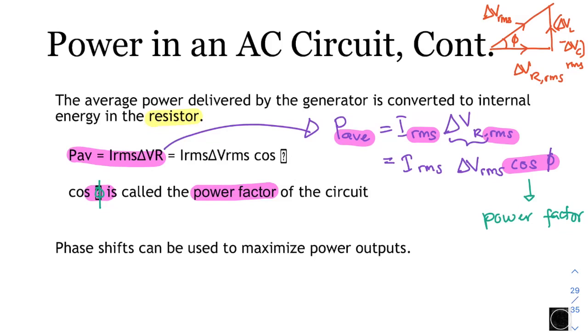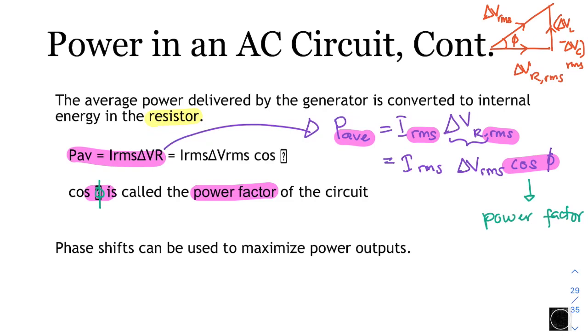Phase shift can be used to maximize power output. Remember, the power factor phi is also the phase angle. So by shifting the phase of the current and the voltage, you can maximize the power output. This is one of the methods they use in industry.